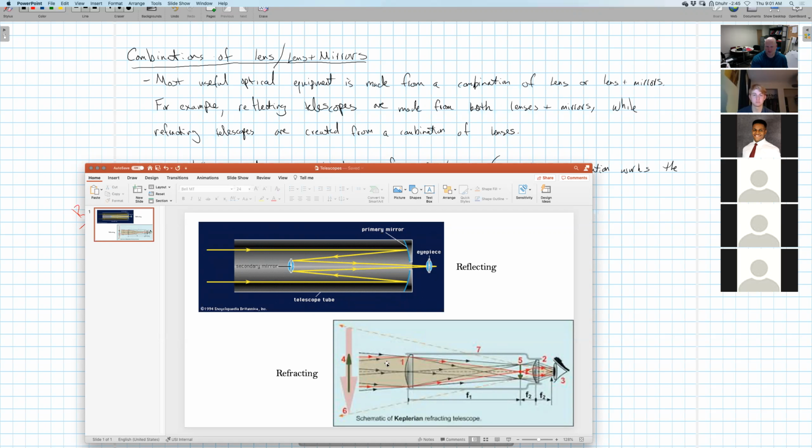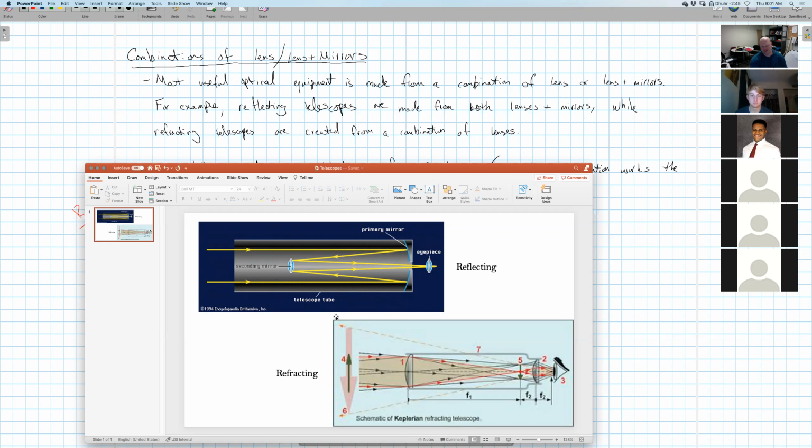And this is what's called a refracting telescope. This is one that doesn't use any mirrors. Same thing here, you would point this at whatever object you're looking at, and then the light comes in, but here it's just a combination of lenses. Typically you'd have 2 diverging lenses, 1 here and 1 here.